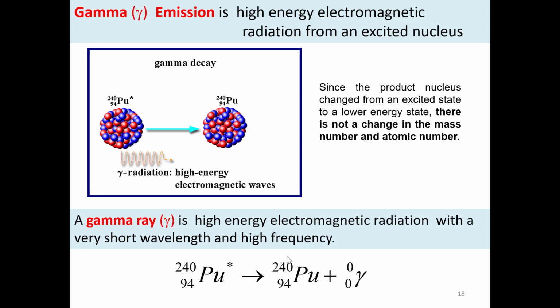In the products we will have plutonium with the same mass number and the same atomic number, but just with a lower state of energy. This is why we don't write the asterisk here. A gamma ray is high energy electromagnetic radiation with a very short wavelength and high energy.